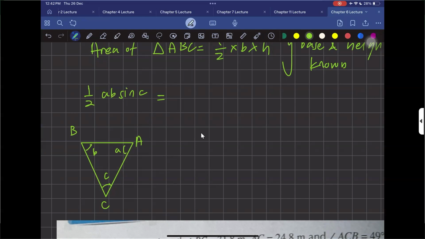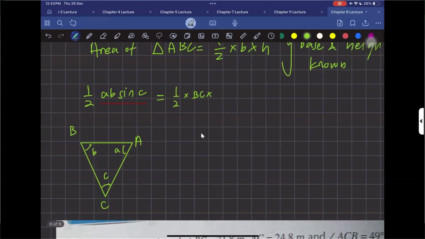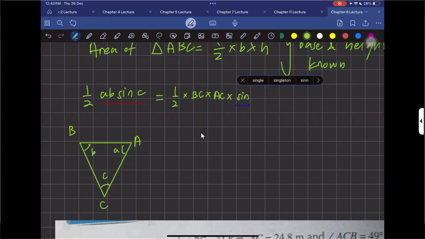Half AB is quite straightforward. AB is referring to your side opposite angle A. So this basically means half times BC times, for your side opposite angle B, AC, times sine C.